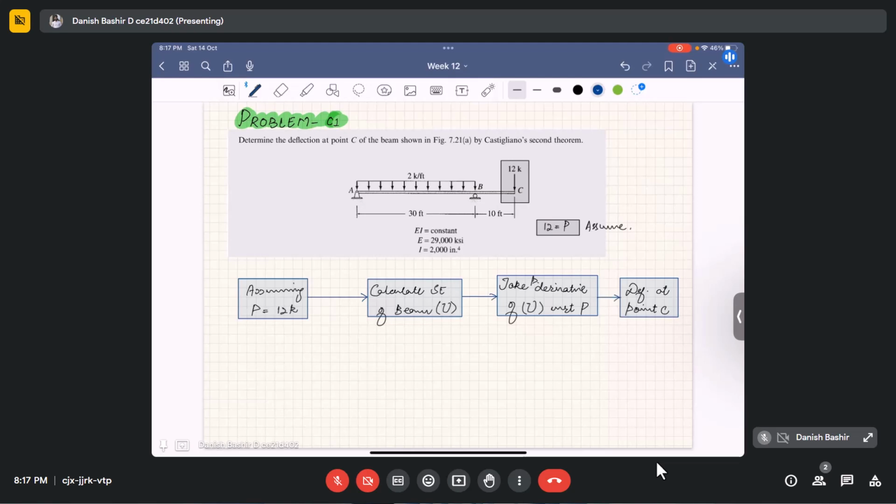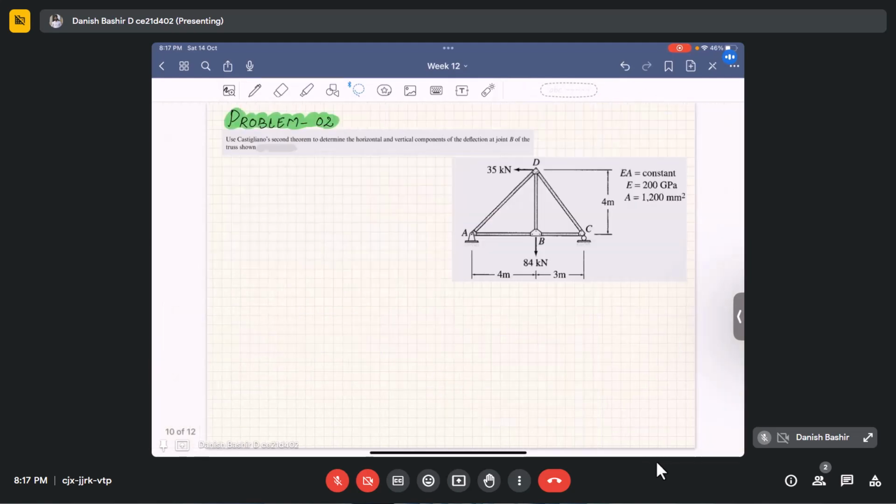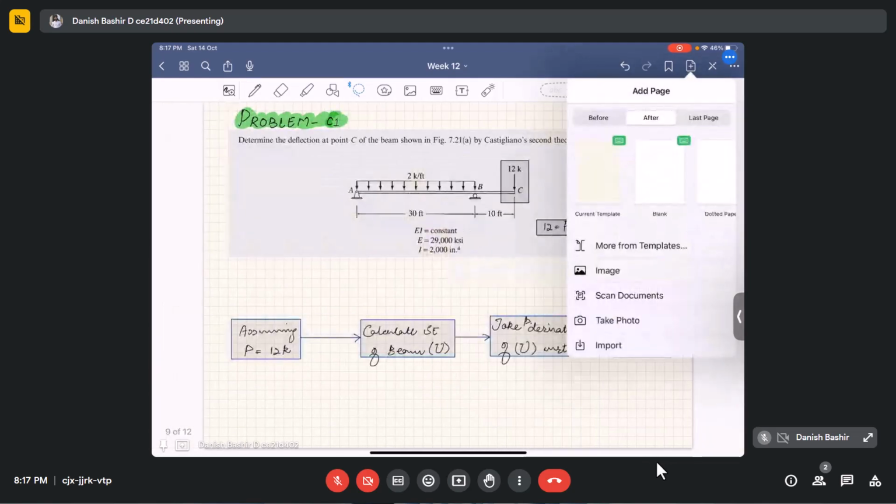Okay, hope this is clear to you. And one more thing I want to mention here, that we have to use the same table formulation that we use in all the virtual work and strain energy problems. Okay, so first I will draw the free body diagram of our structure, like that. First let me just put it like this so that we can move on to the next page.